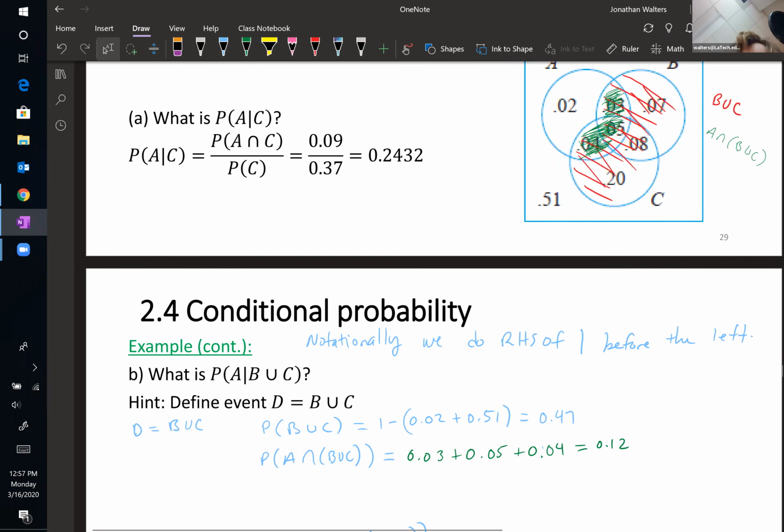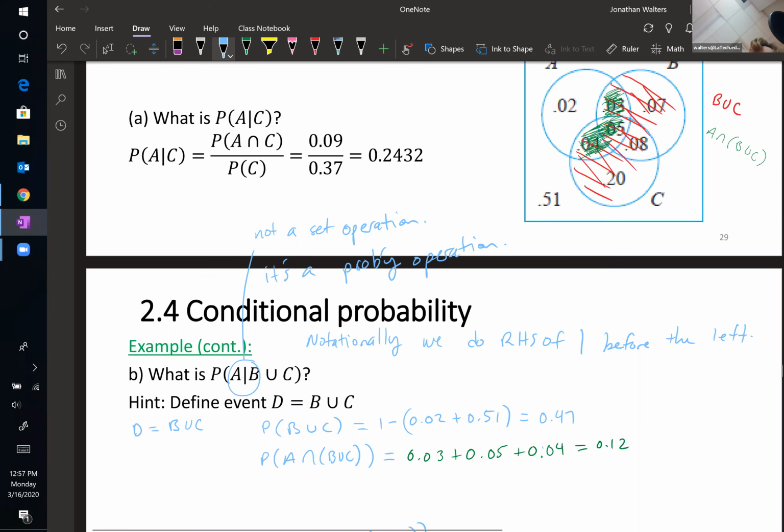Let's see. I guess we could say that this is not a set operation, so it wouldn't make sense to do this first. It's a probability operation.